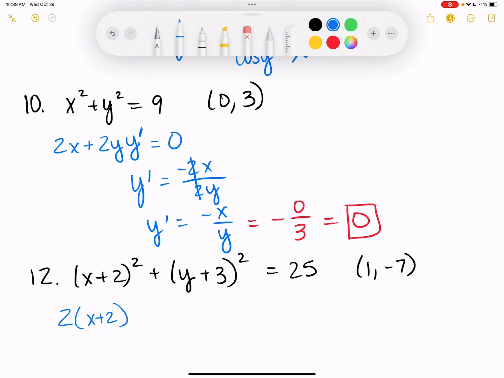Well, that's just 1, obviously. Plus, now this one's going to be a little bit different. So I've got 2 times everything inside. But now when I take the derivative of what's inside, the derivative of y is y prime. So I'm going to have times a y prime out here is equal to 0.